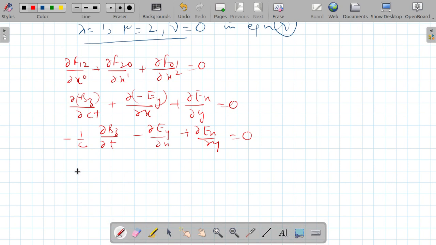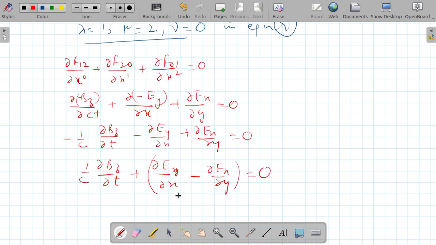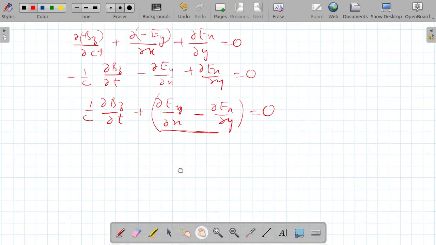It can be expressed by taking the negative sign common and bringing it to the other side. So it is (1/c) ∂Bz/∂t + ∂Ey/∂x − ∂Ex/∂y = 0, and this is basically the z component of the curl of the electric field.